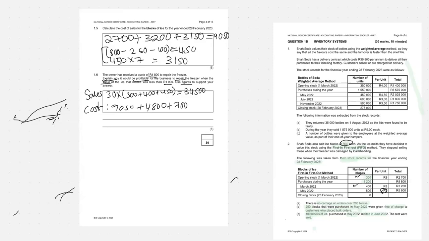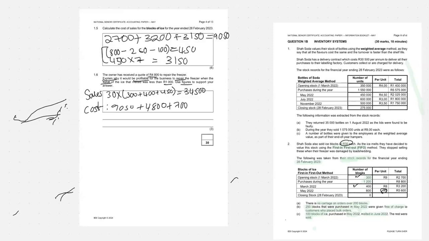So our costs will be made up of cost of sales, the money for the repairs, and the amount from the loss for the 100 blocks of ice that melted. So then that will be 9,050 plus 4,800 plus 700, and that will be our total cost.